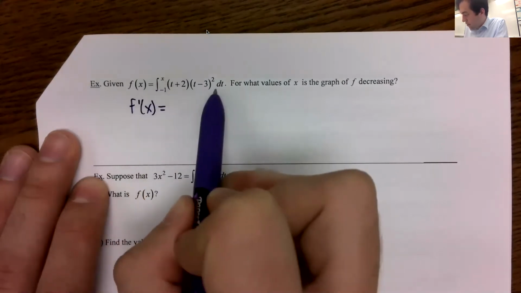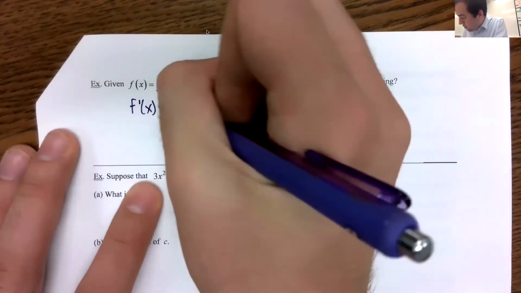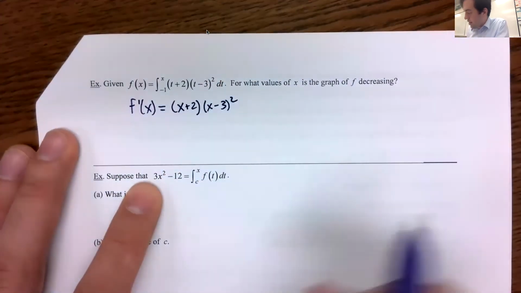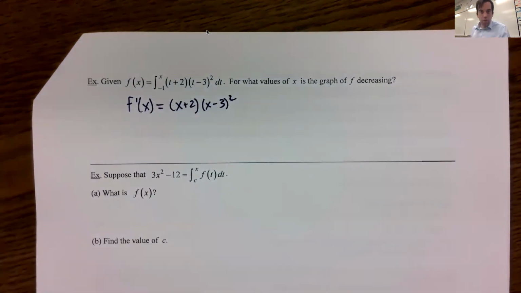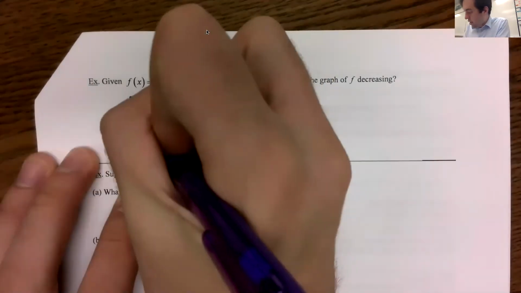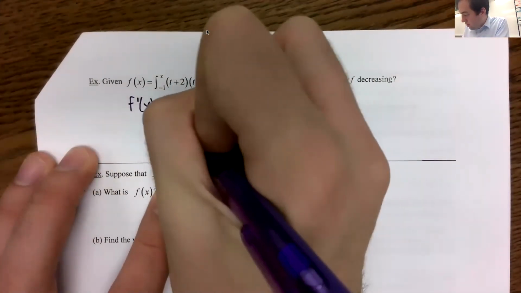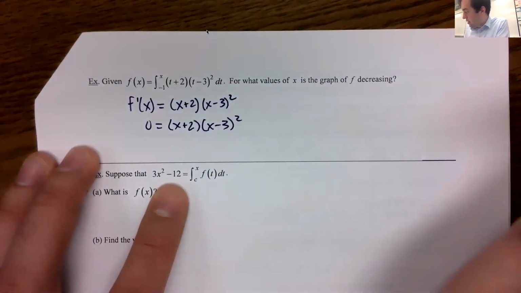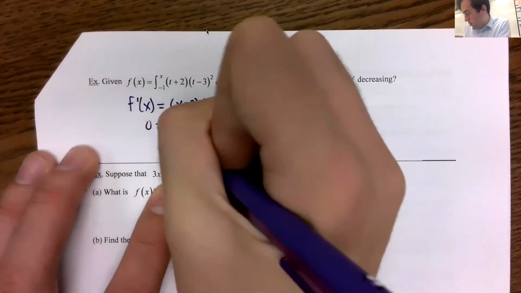So we know all we have to do is plug in x for t. And that's our first derivative. And we want to know for what values this graph is decreasing. So we're going to set it equal to 0. Find the critical numbers.